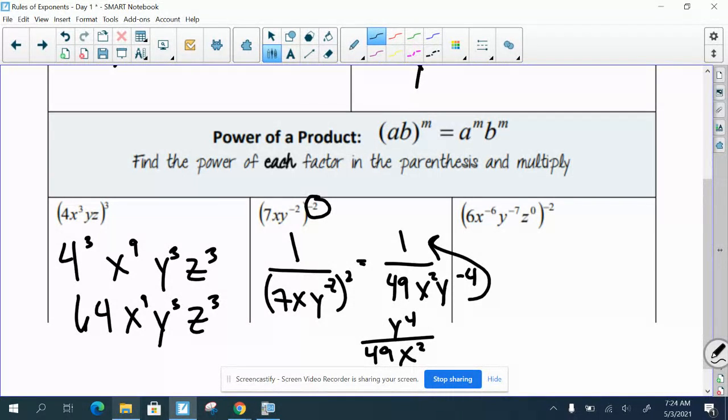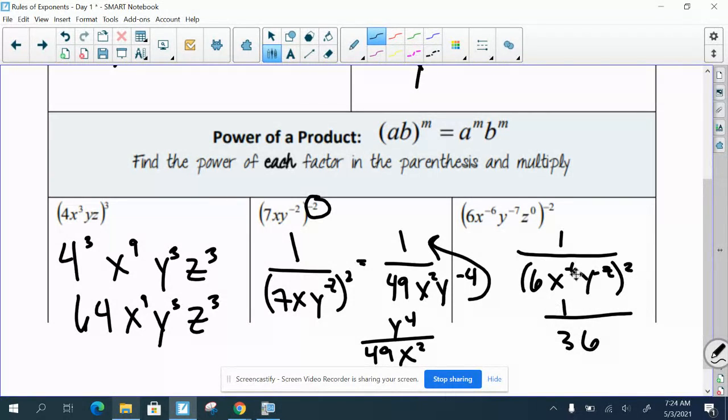Okay, for this one, I'll go ahead and flip it first. So I'll do 1 over 6x to the -6, y to the -7th, z to the 0 is just 1, so I don't need to write that, squared. So now I'll have 1 over 6 squared is 36.